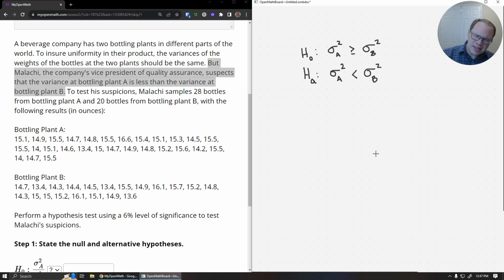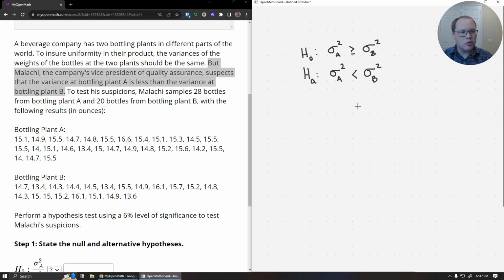But in order to test these hypotheses, we know we're going to want to use an F distribution. So instead of looking at whether the variance at bottling plant A is less than the variance at bottling plant B, we want to look at the ratio, because the F distribution considers the ratio of the variances, right?